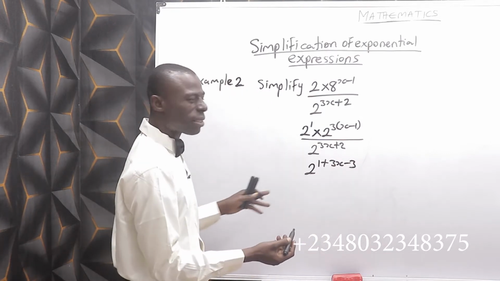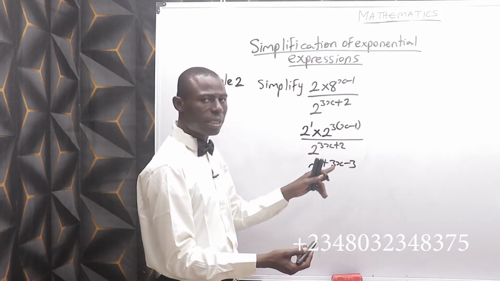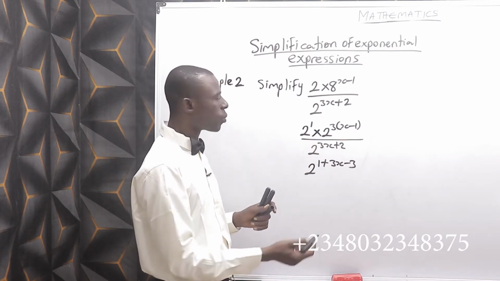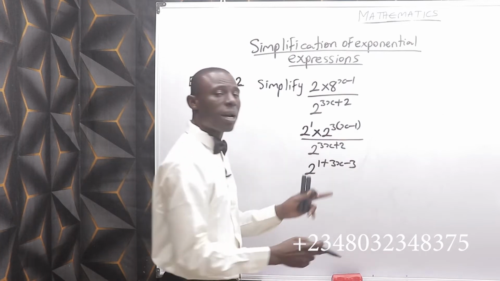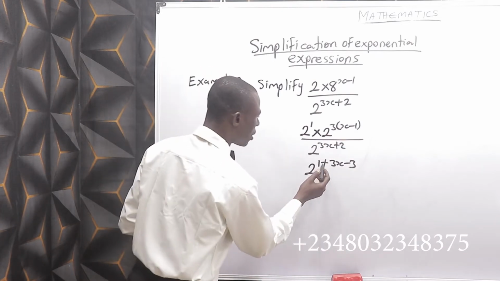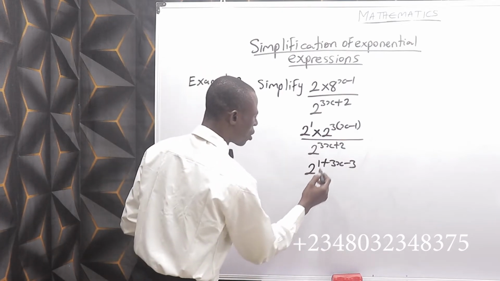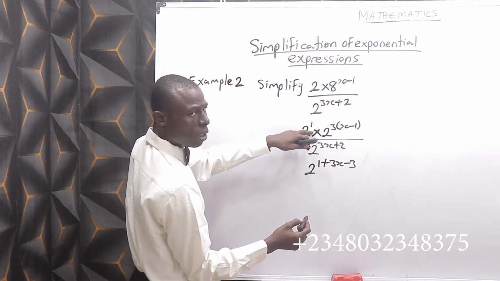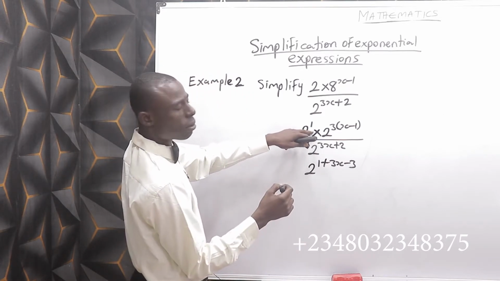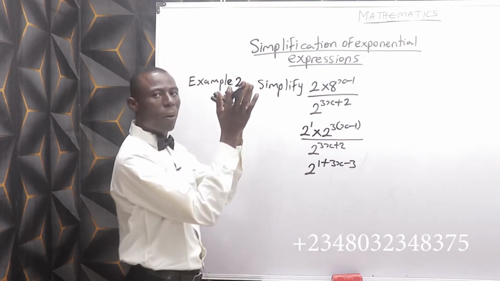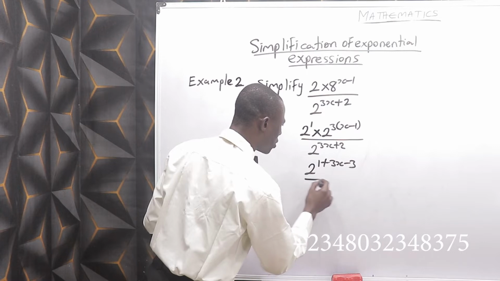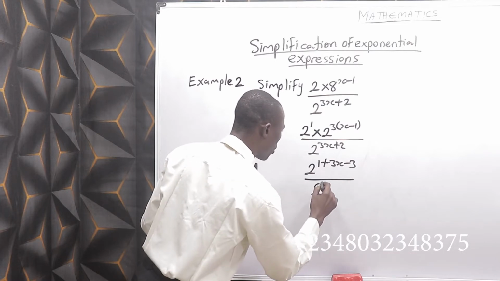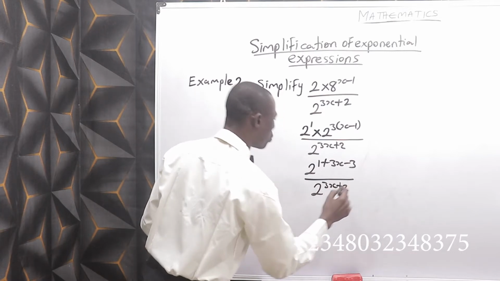What I have done here is I've simply opened this bracket with 3. 3 times x is 3x. 3 times minus 1 is minus 3. And this addition is as a result of change in this multiplication to addition. And that will be shifted to the power area to be operated. Divided by 2 raised to power 3x plus 2.